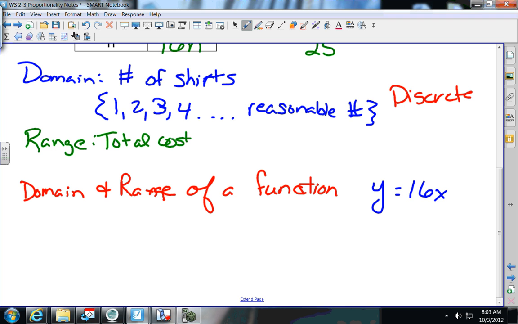If you put that in the calculator, does the calculator know that we're talking about shirts? Does it know to not give me negatives? No. So in the calculator, it's going to give me all real numbers. Because when it talks about function or equation, it is not putting it into the real world. It's just saying what numbers could it be.